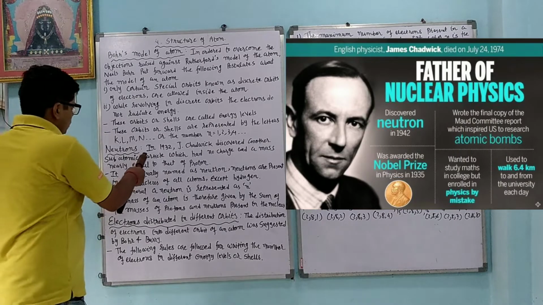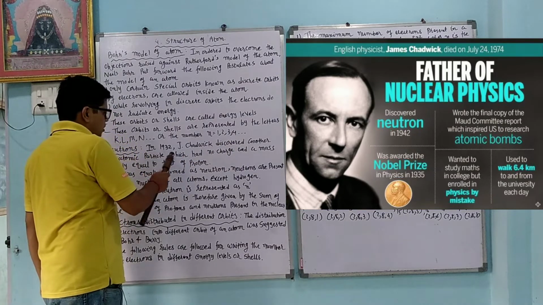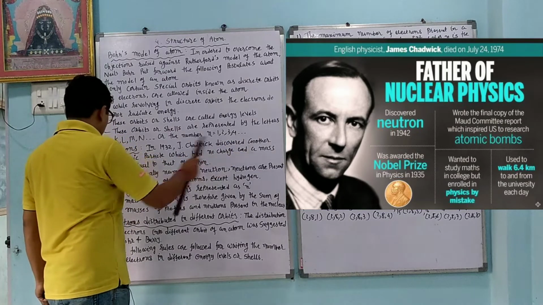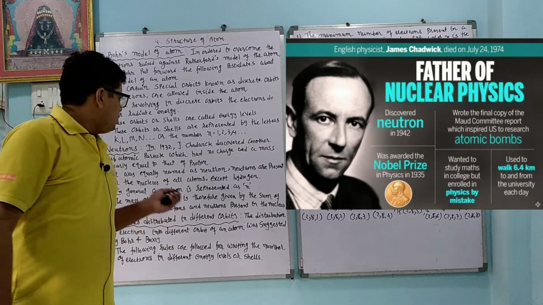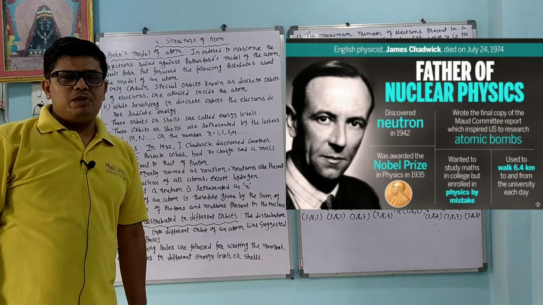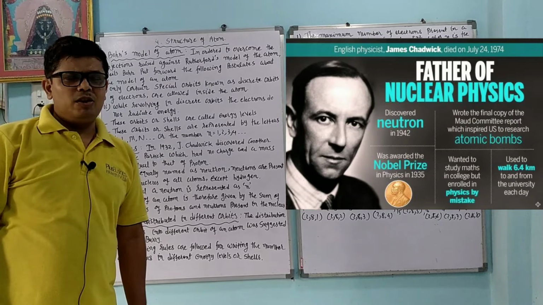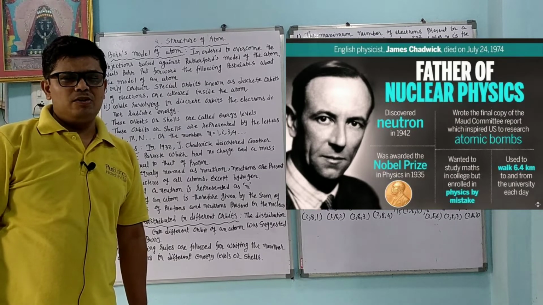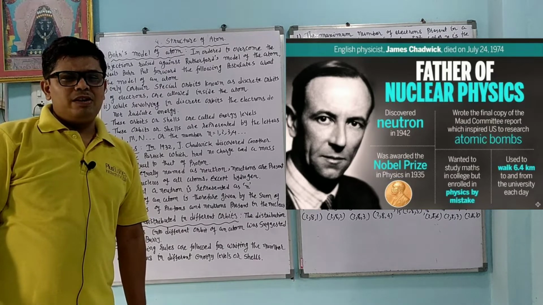Neutrons. In 1932, James Chadwick discovered another subatomic particle which had no charge and a mass nearly equal to that of the proton. Okay, so in the nucleus, not only the proton is present, but the neutron is also present. Now the question arises: if in the nucleus only protons are present, then what happens?